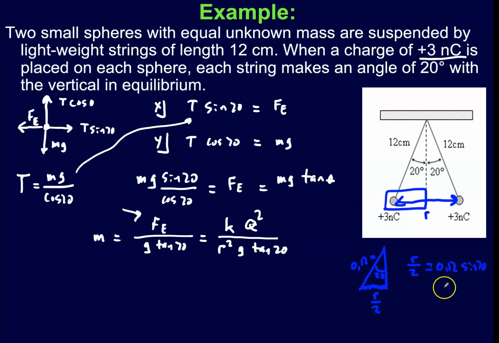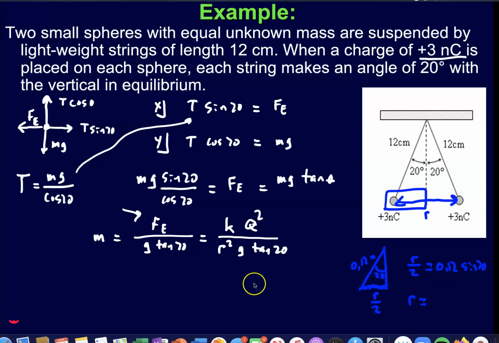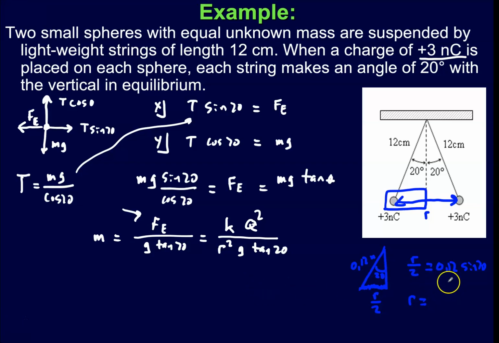When I figure that out and solve for my r, so I got that r divided by 2 is 0.12 times sine 20.